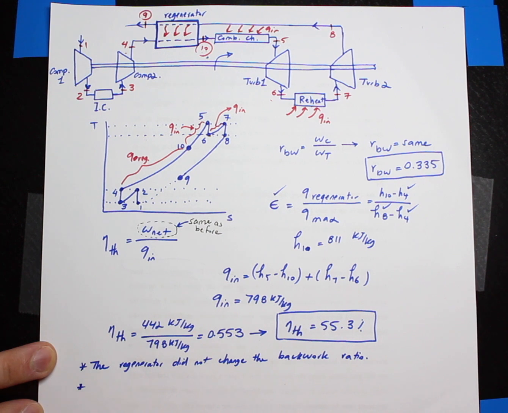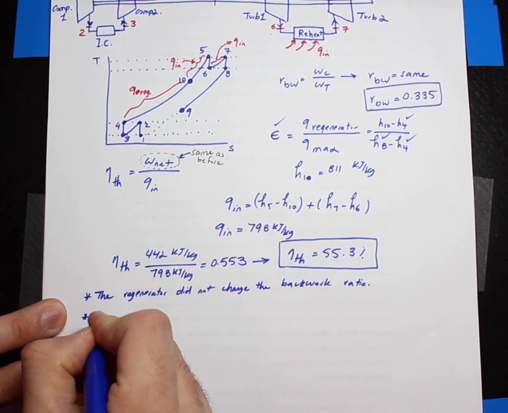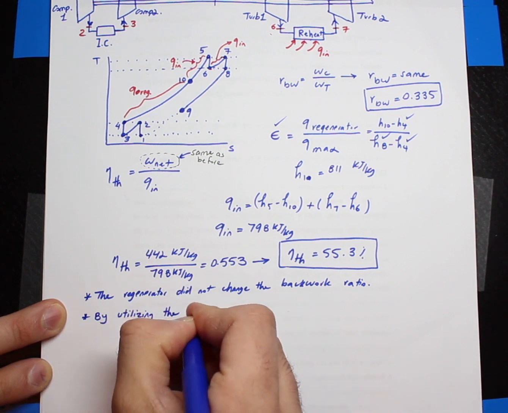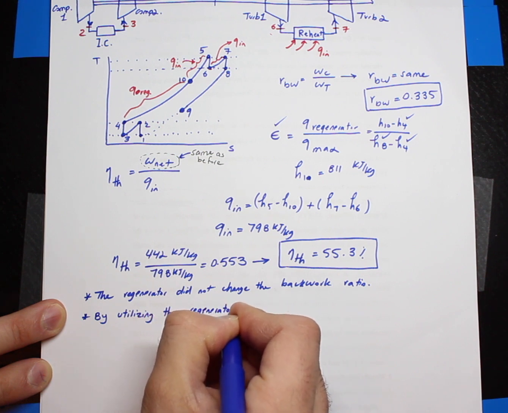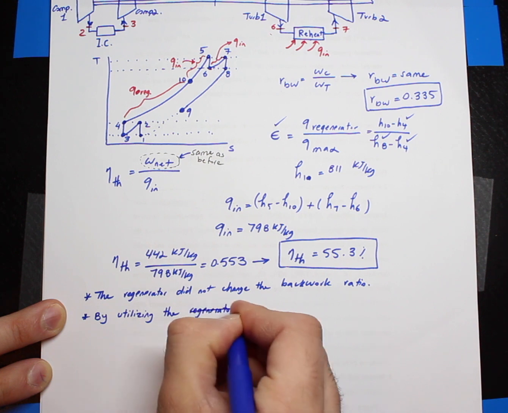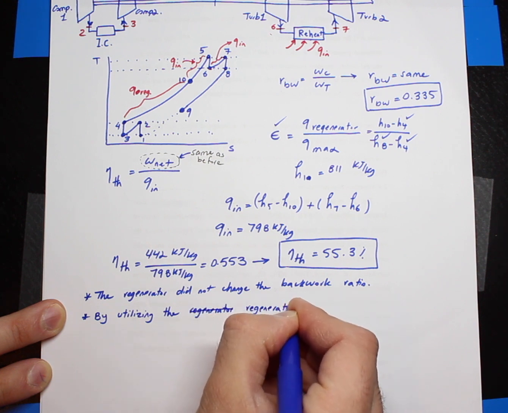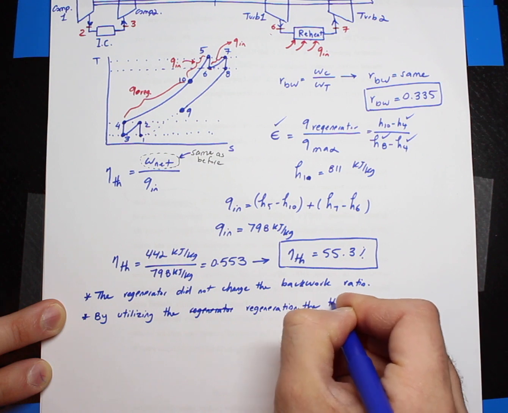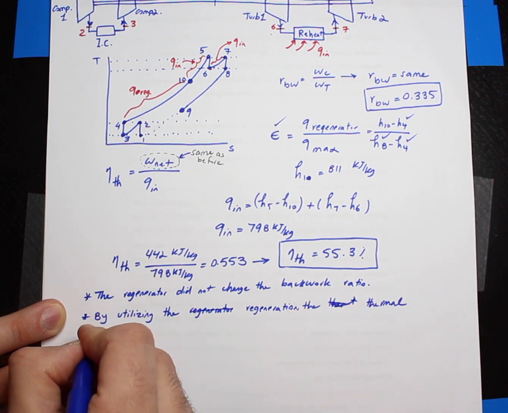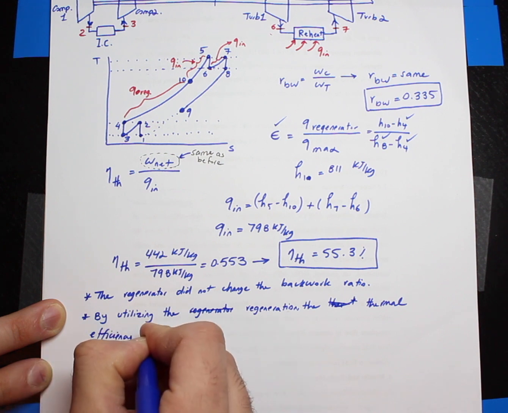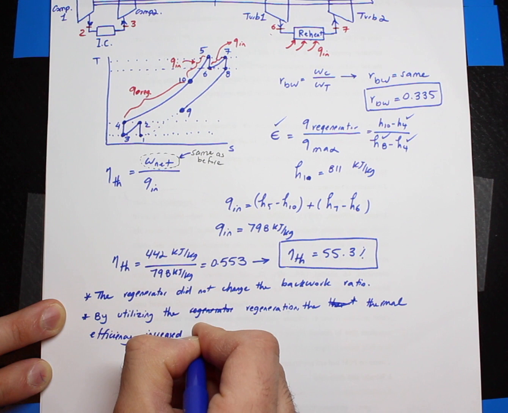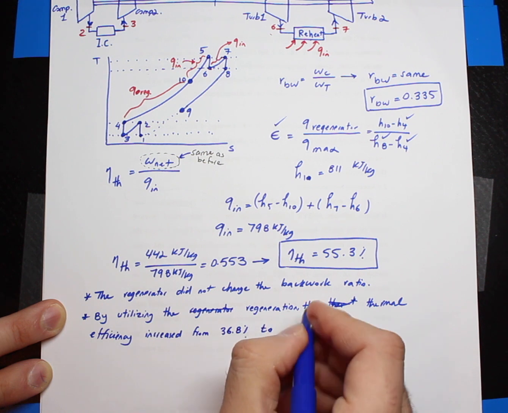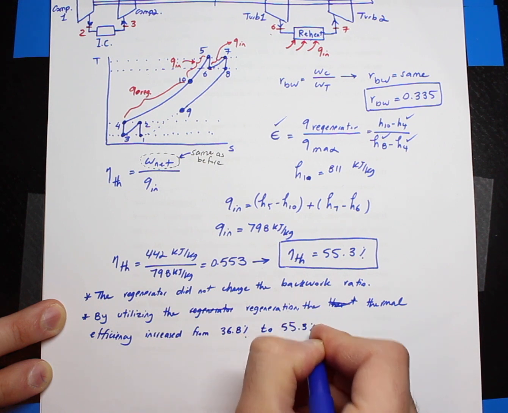And the second bullet item is: by utilizing the regeneration, the thermal efficiency increased from 36.8% to 55.3%.